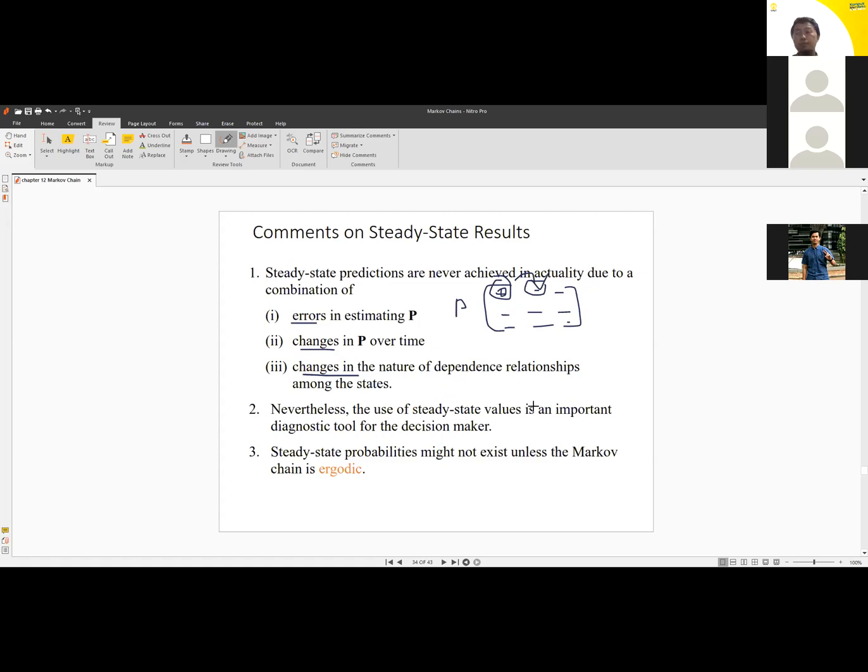The steady state matrix is a kind of diagnostic tool for the decision maker, of course. Steady state probabilities might not exist unless the Markov chain is ergodic. Ergodic means each element doesn't change. If it changes, we cannot say it is a steady state network or steady state matrix.